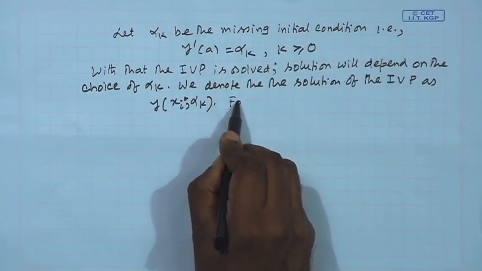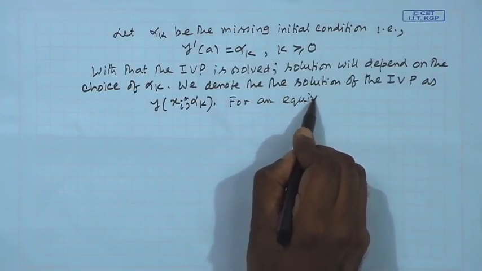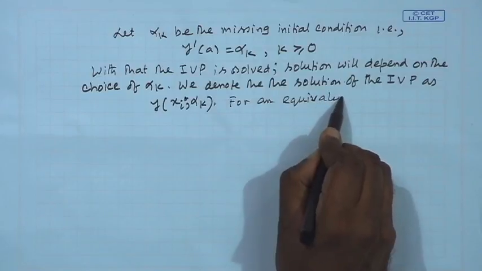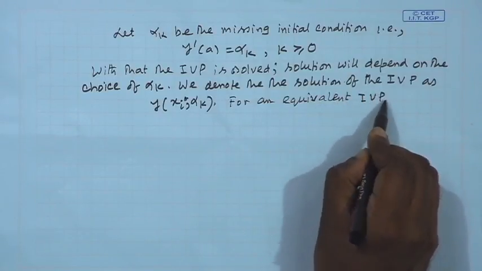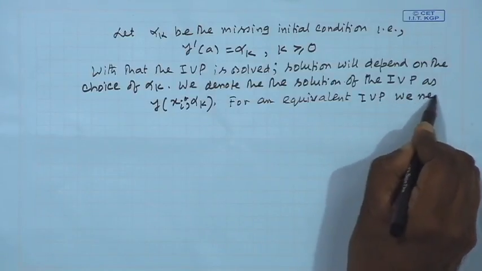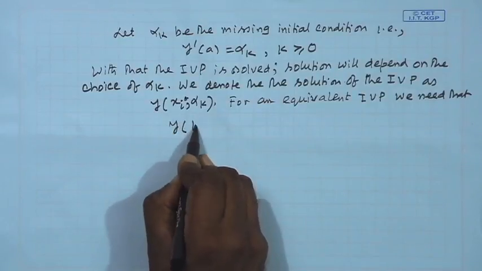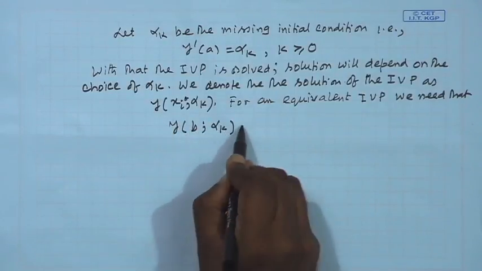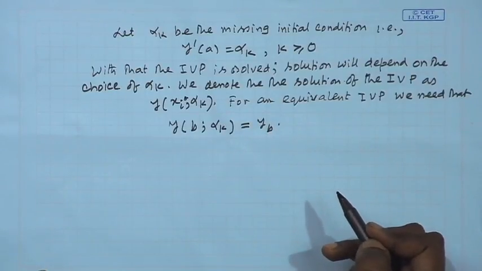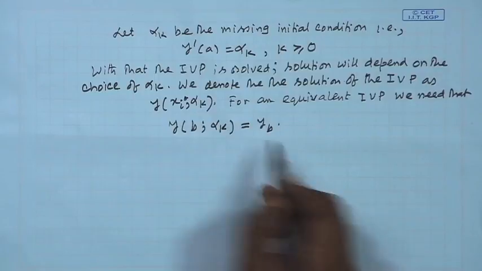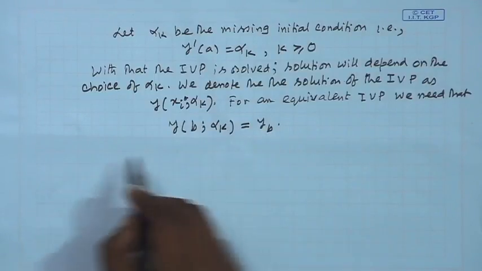Now, for an equivalent IVP, we need that y at b alpha k should be equal to y b. Okay. So, that needs to be satisfied. So, this gives a guideline to find the alpha k, the missing initial condition.